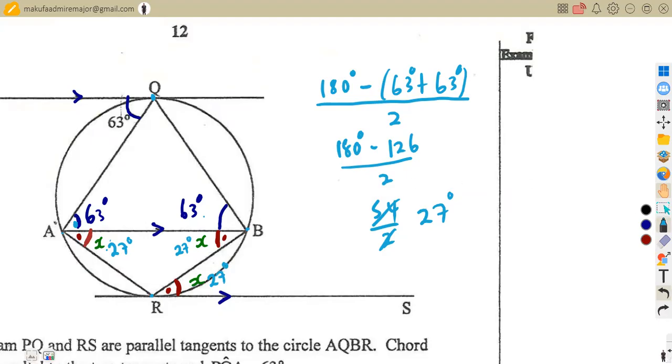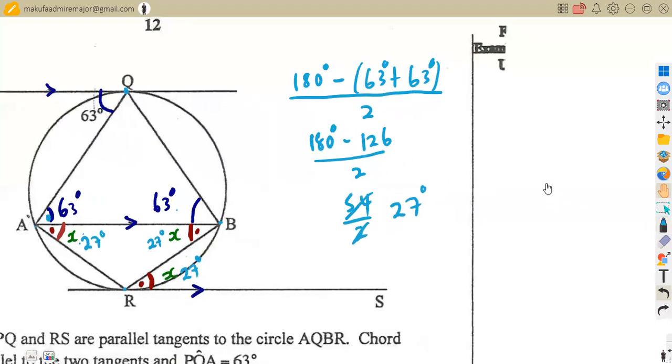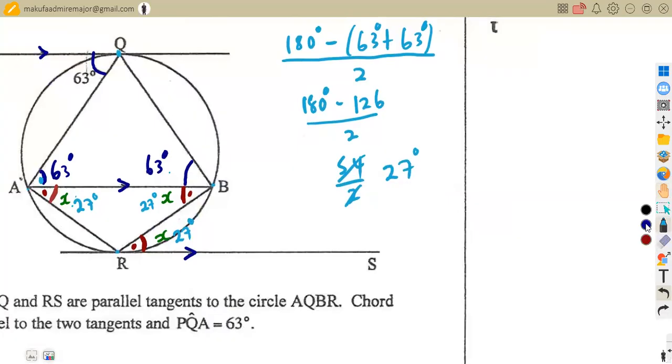If I wanted to work this in terms of X, I would do this, because opposite angles of a cyclic quad should give us 180. I'm going to say 63 degrees plus 63 degrees plus X plus X. I'm supposed to get 180 degrees. I solve for X. 63 plus 63 is 126, plus 2X is equal to 180.